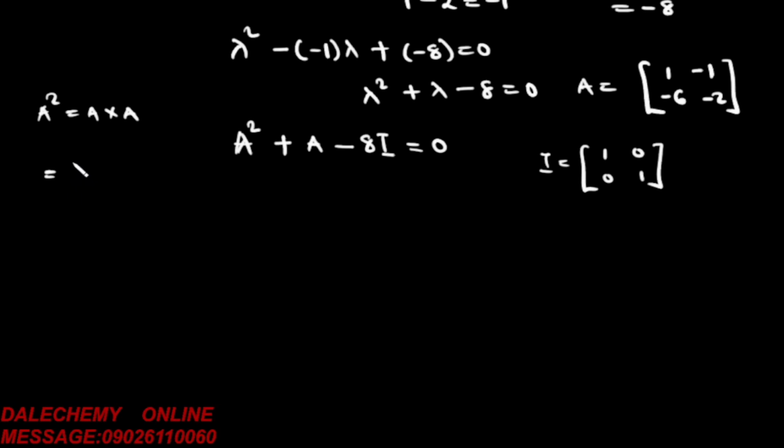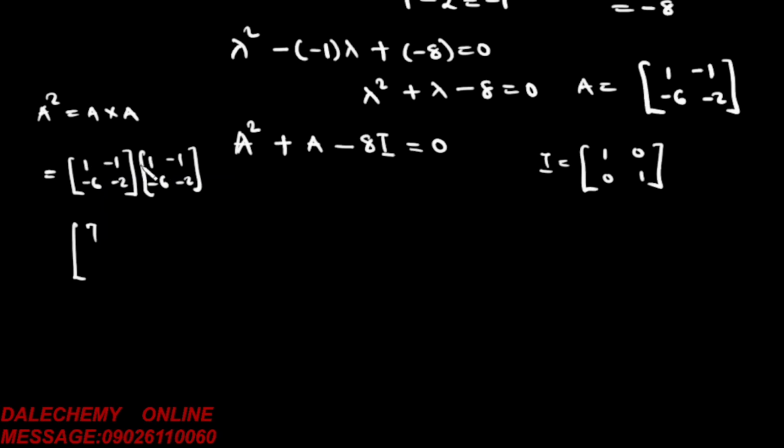For A squared, we have 1, minus 1, minus 6, minus 2, times another A, 1, minus 1, minus 6, minus 2, and we multiply the two of them together. You use the first row to multiply the first column. So we have 1 times 1, that will be 1, plus this times this, which is 6, so that will be 7. Then the first row times the second column gives the first row, second column element in the new matrix.